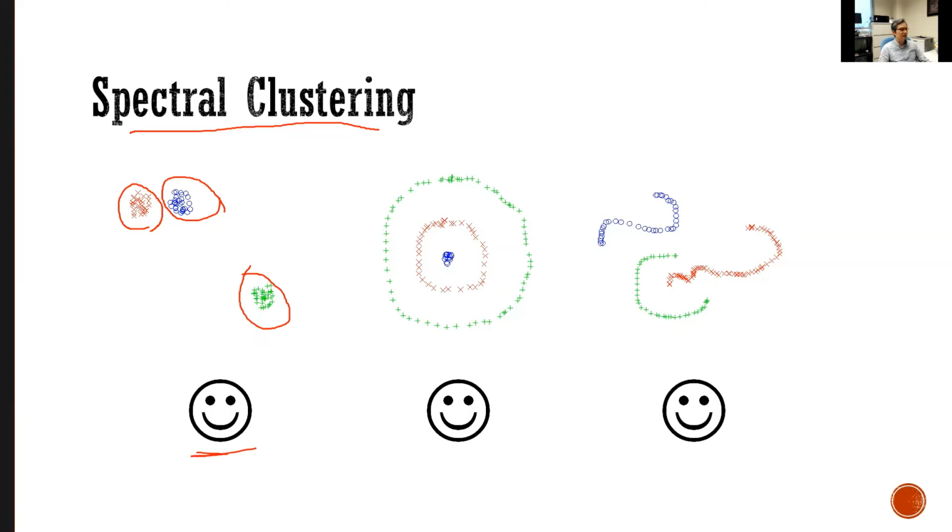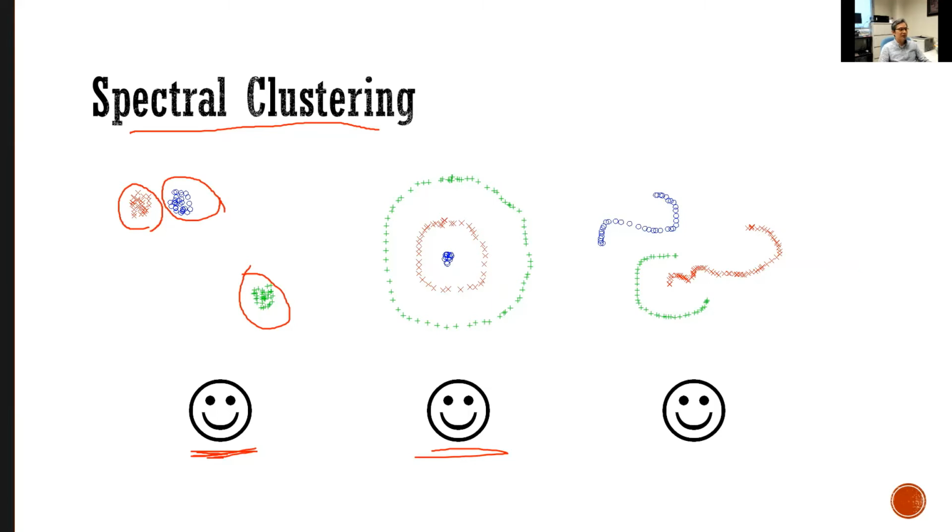So spectral clustering will be very good as well. And in this scenario, if you have 3 clusters forming this very special formation, the k-means algorithm will not do a very good job. However, spectral clustering will also apply here and will recover the separation of the clusters as you expected.